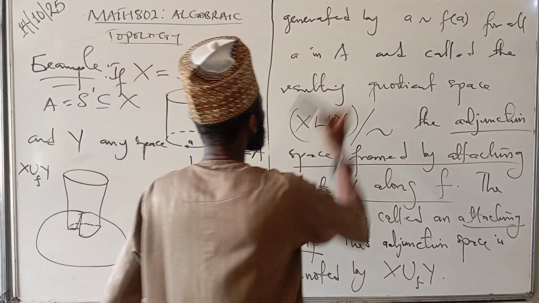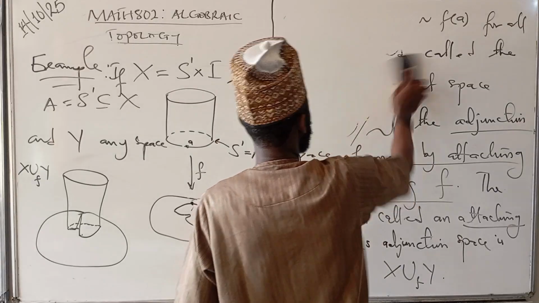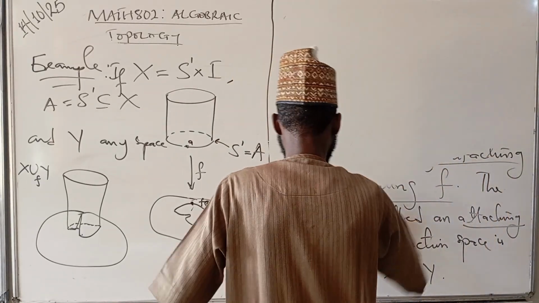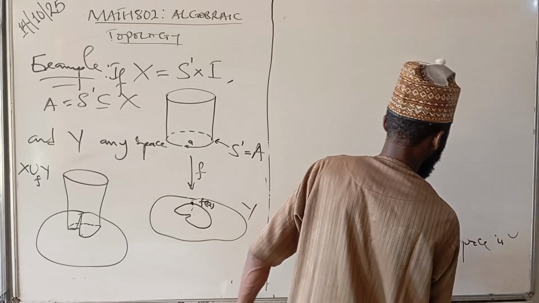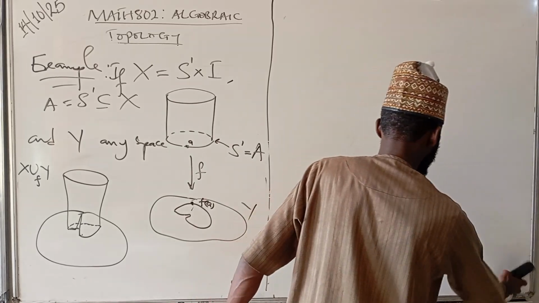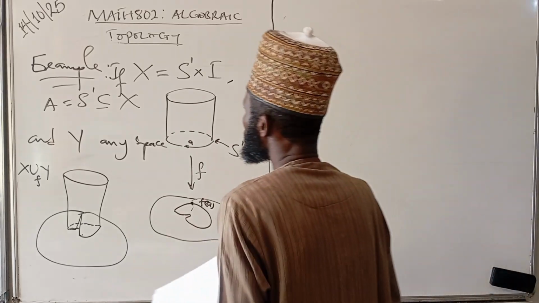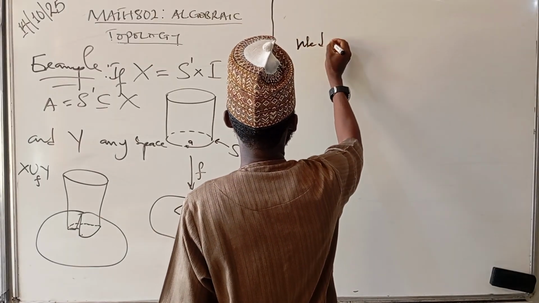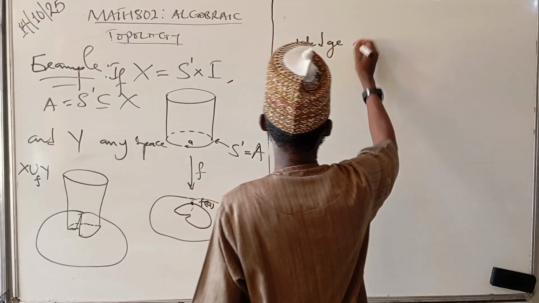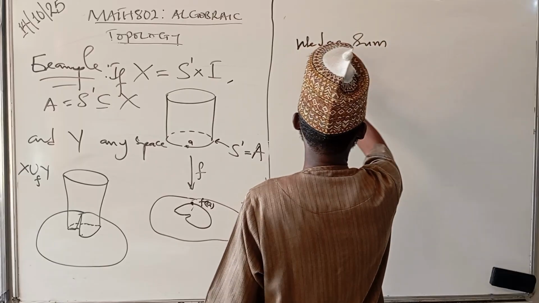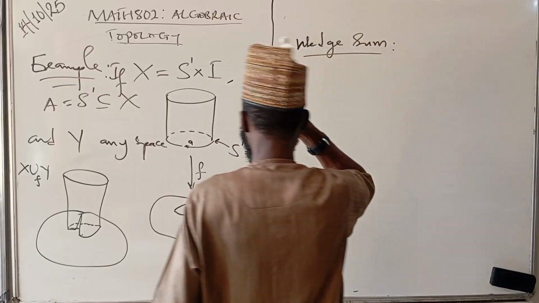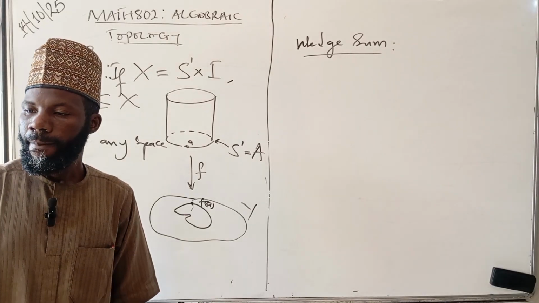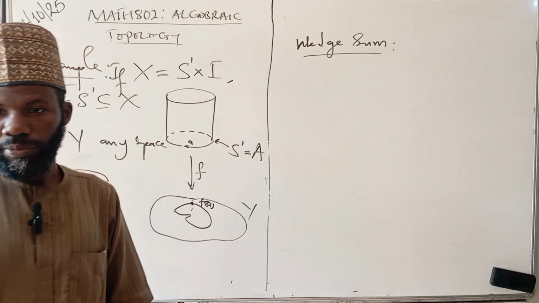The next one that I want to mention is the connected sum. And before I say about the connected sum, there is also what we call the wedge product or wedge sum. So this wedge sum is also an instance of quotient space.